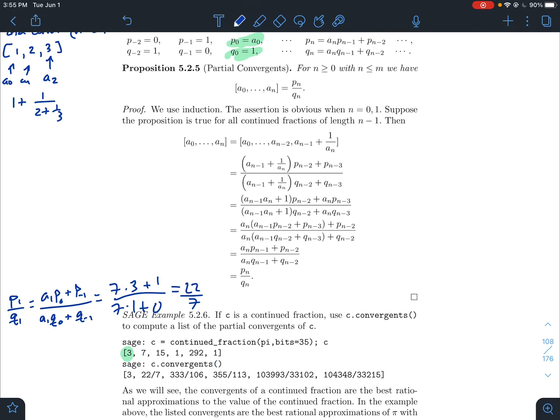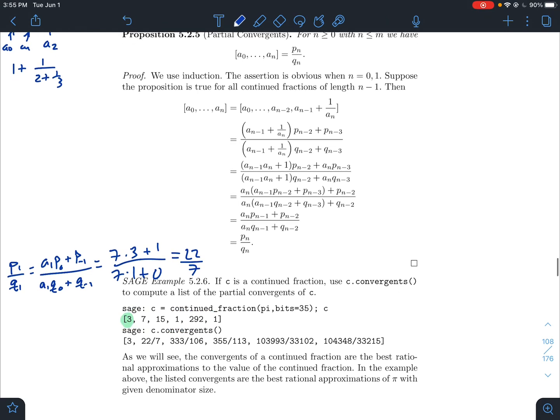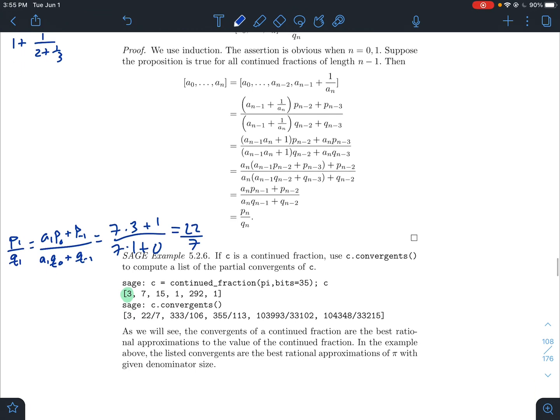It's rational in this case just because the a's we're playing with were all integers, though nothing says we have to use integers. When the a's are integers, your fractions, p's over q's, are all rational numbers. And as you go further out in the sequence of convergents, you should get closer and closer to the number pi that the continued fraction represents.